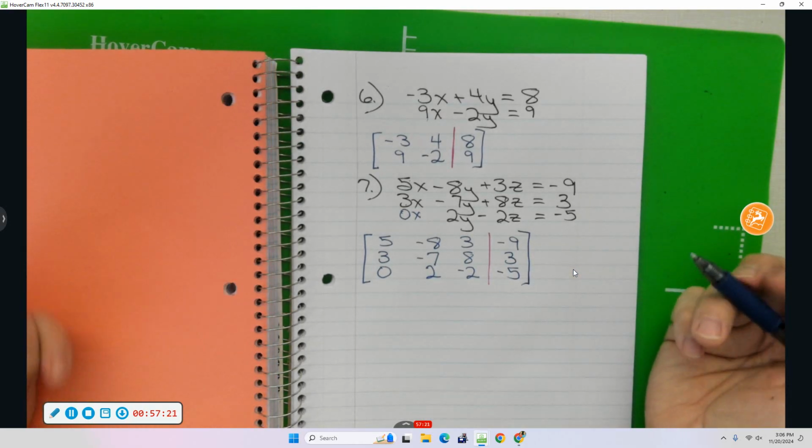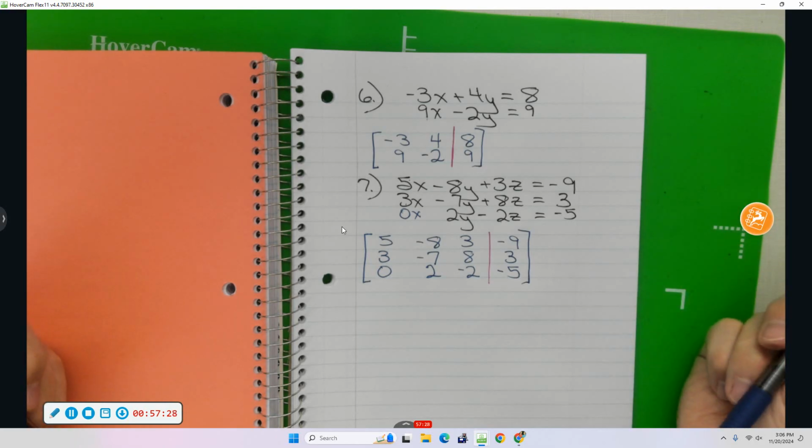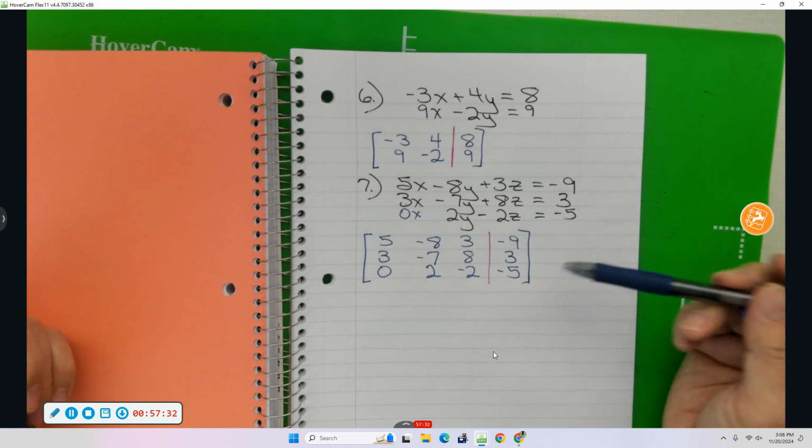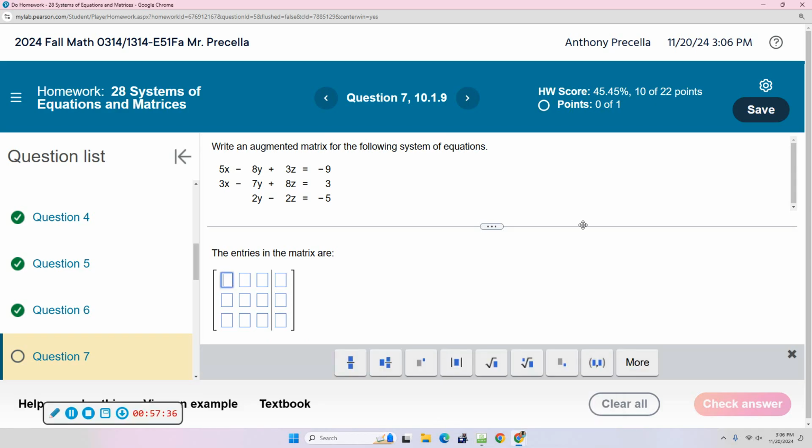Just for the record, what size is this augmented matrix? How many rows do we have? 3. How many columns? 4. So this is a 3 by 4 matrix. -8, 3, -9, okay. -7.